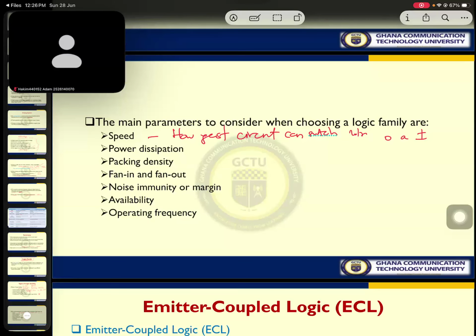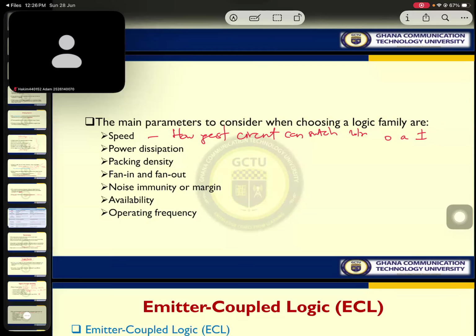Power dissipation: how much energy the circuit will consume and how much heat is produced. This should inform your decision when you are selecting the logic family.